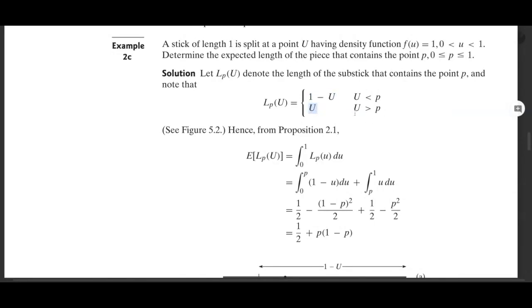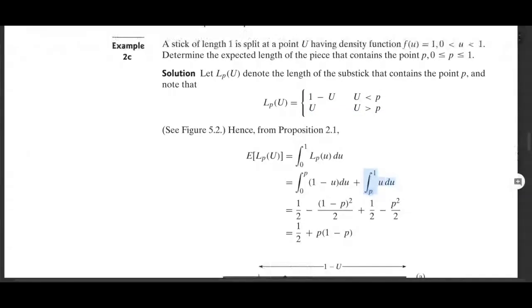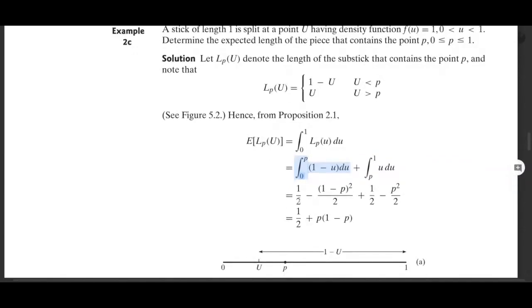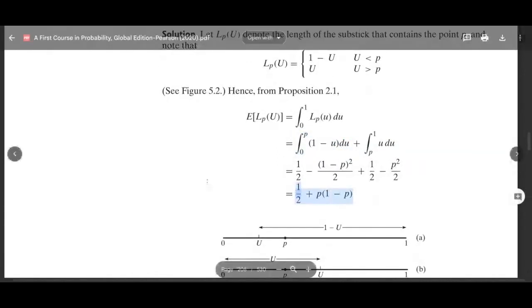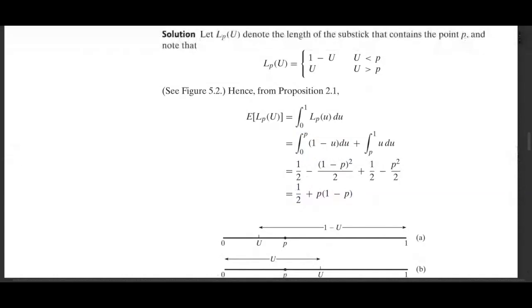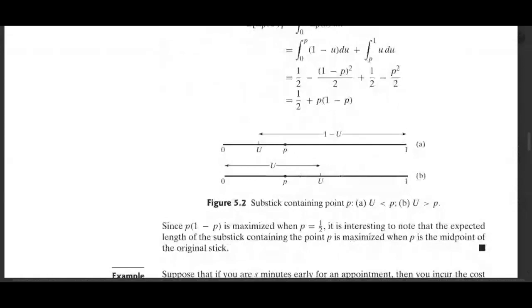If U is greater than P, that's U. So if the point is greater than P, we have this part. If the point is less than P, from 0 to P, we have this. Then the rest is just calculation. So in the end, you'll get a half plus p times 1 minus p. Right? A quadratic equation depending on p.